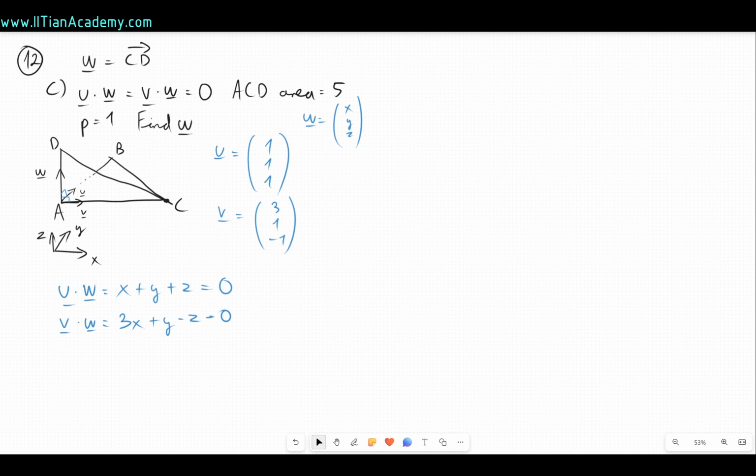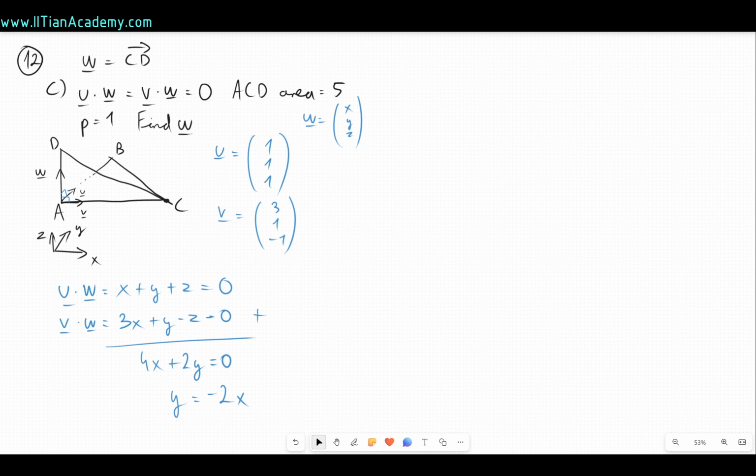Now we'll add these two equations so that we eliminate the variable z, because now it's going into some algebra solving equations. We need to solve for x, y, and z. If we add these two, we'll get 4x plus 2y is equal to 0. And so y is equal to minus 2x, right? We just rearrange the equation.